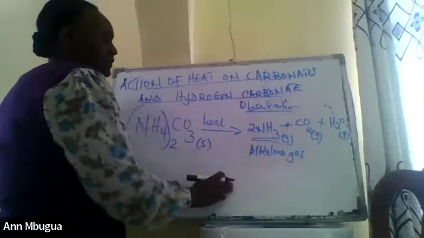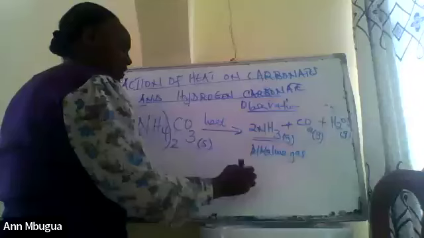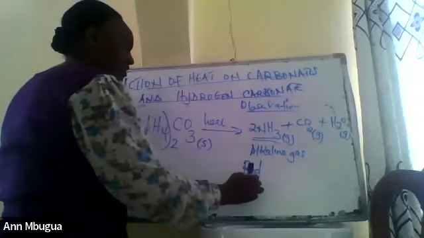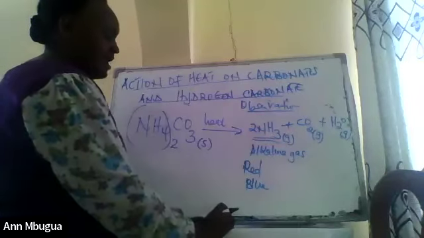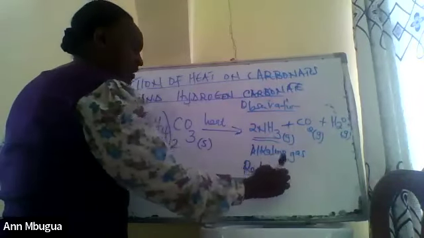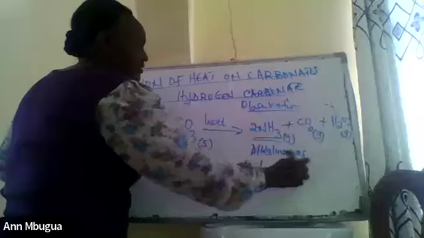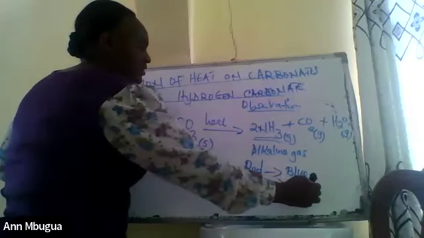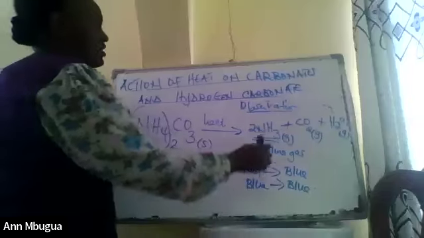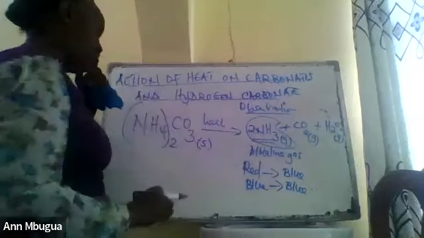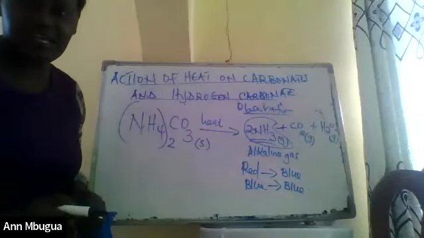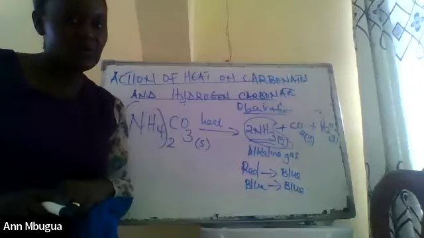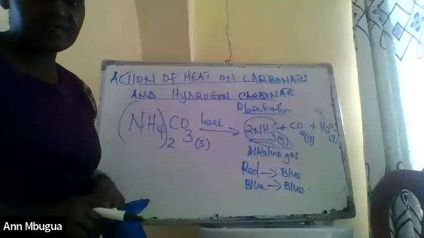So the gas produced here can be tested by moistened red and blue litmus paper. The red changes to blue, while the blue remains blue. This indicates the presence of ammonia gas.